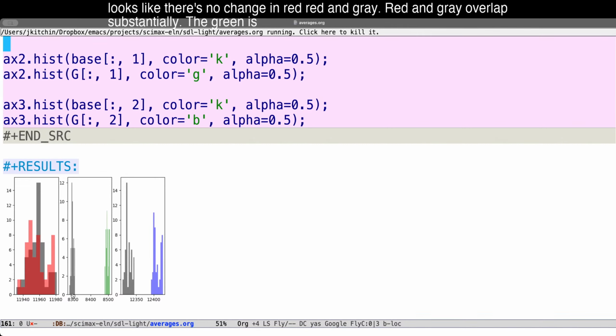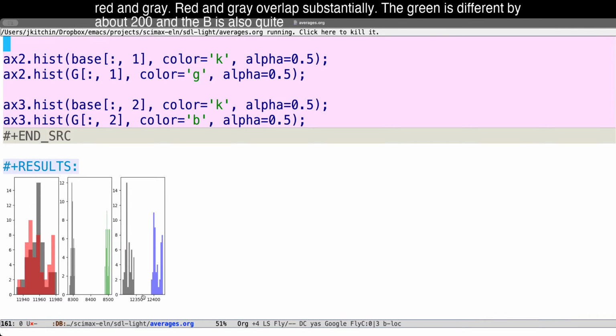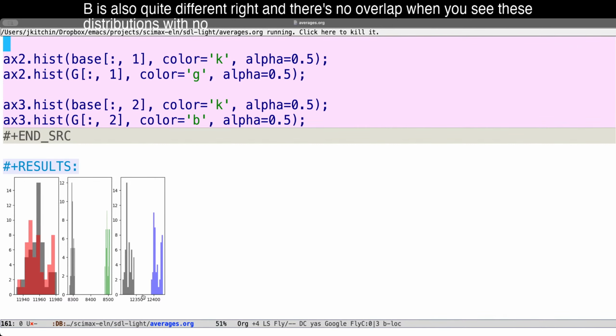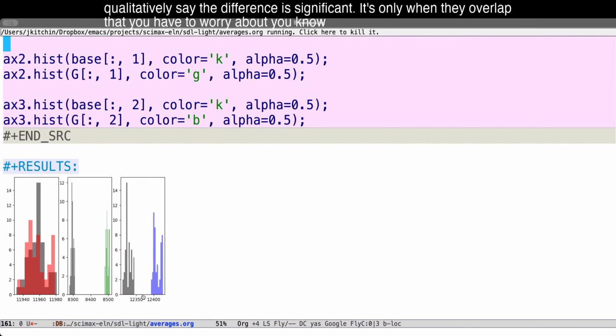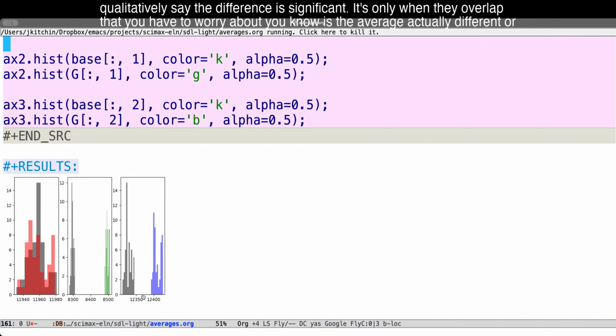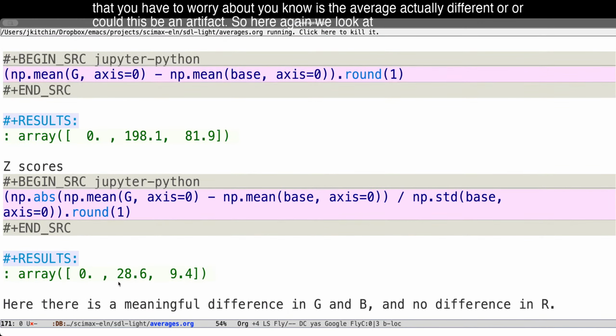The green is different by about 200, and the B is also quite different, right? And there's no overlap. When you see these distributions with no overlap, you can qualitatively say the difference is significant. It's only when they overlap that you have to worry about, is the average actually different, or could this be an artifact?